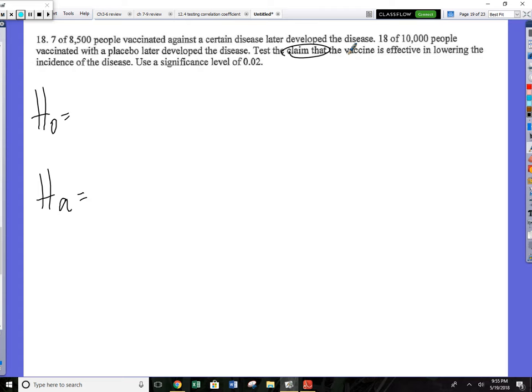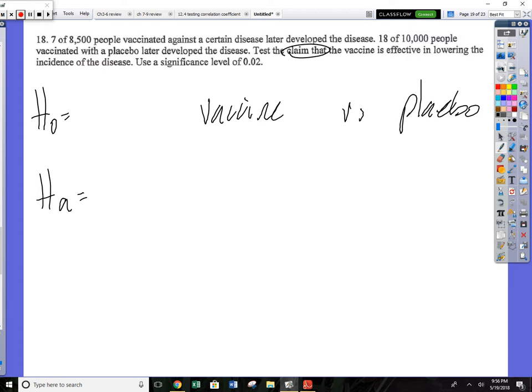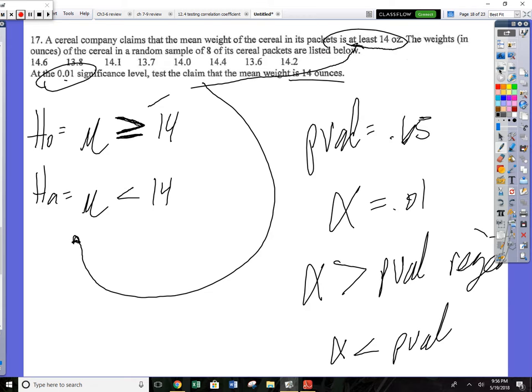But here's what you're doing. You have two things going on: a vaccine versus a placebo. There's a huge difference.